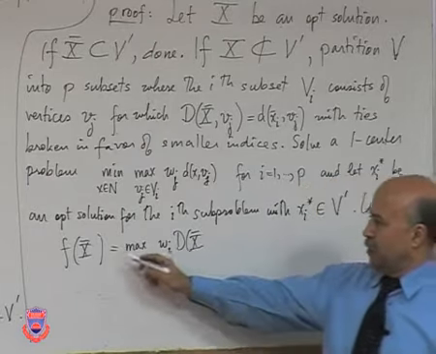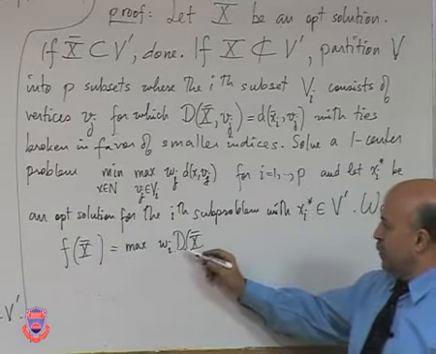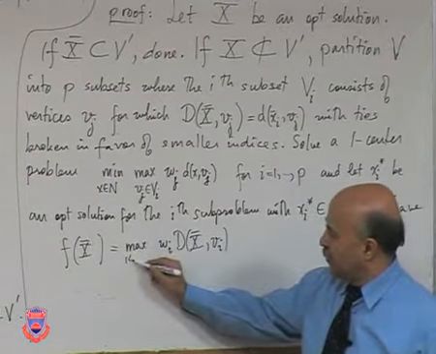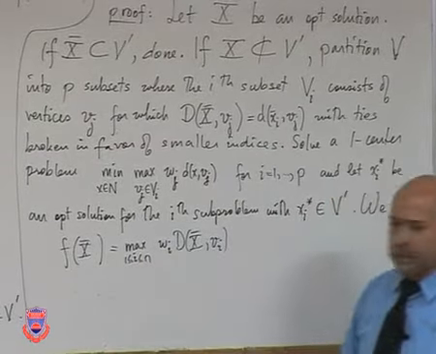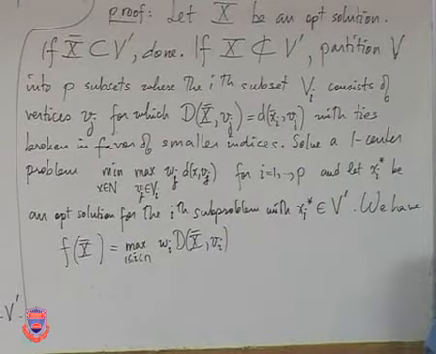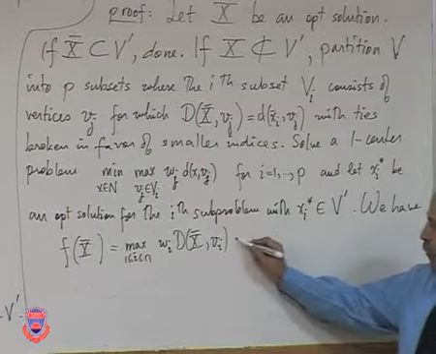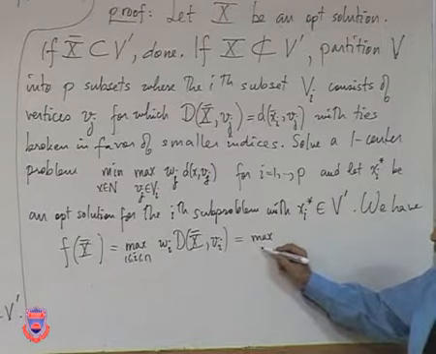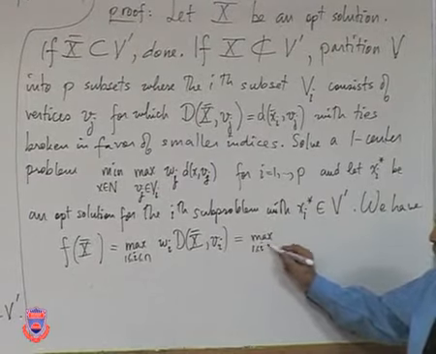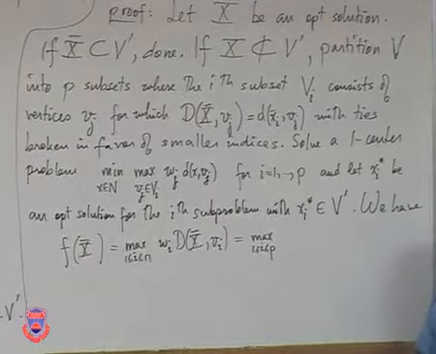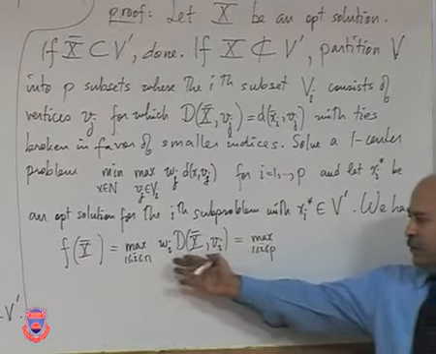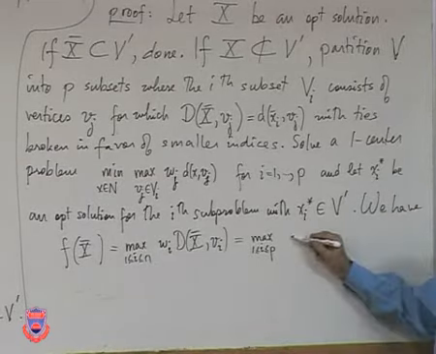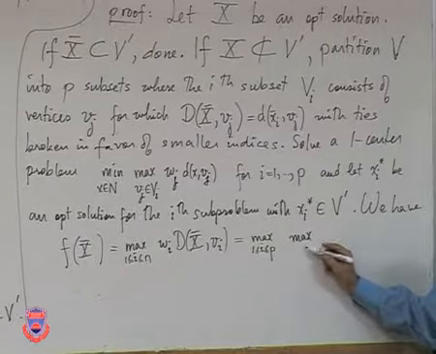F of x bar, which is by assumption an optimal solution, is the maximum of weighted distance where i goes between 1 and n. Now, when you partition, this is the same as subdividing the vertex set, the range 1 to n, into subsets. Okay? So I am looking at the ith subset here.